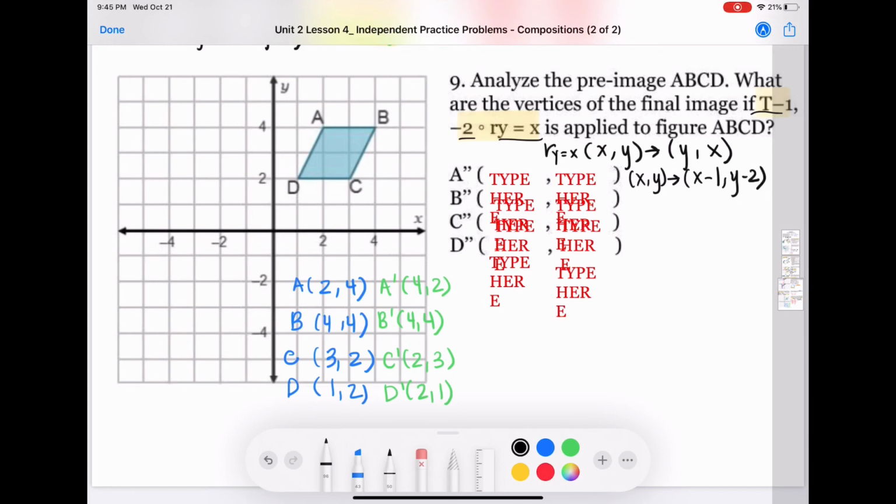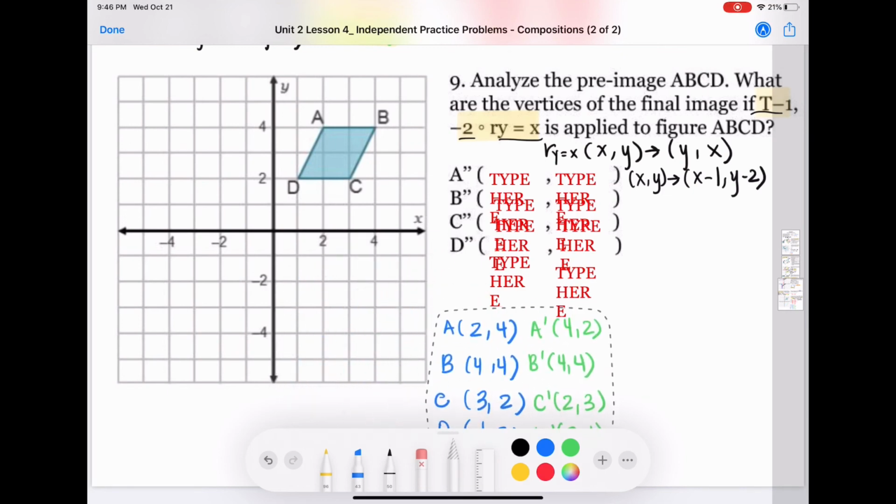So that's our translation, so we will do that. Let me move this down just so I have some more space again, so we can see this a little more clearly.